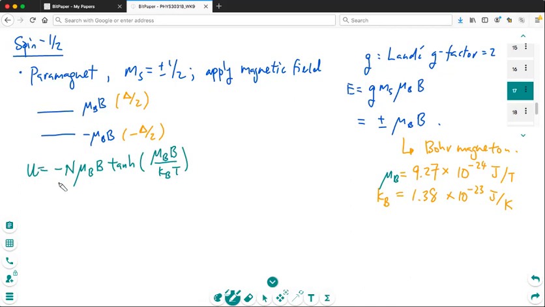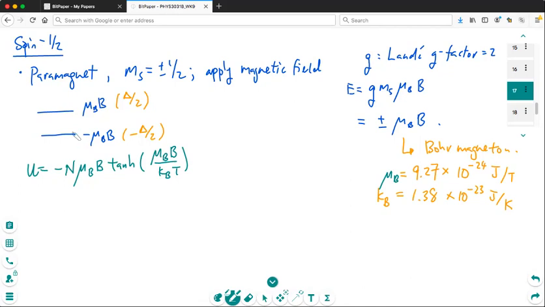If we go back to the very, very beginning, we count how many particles are occupying a particular energy. We do this accounting, which I'm always saying. For this to work, you need to apply a little bit of magnetic field. When there's no magnetic field, you cannot lift the degeneracy. It will be twofold degenerate. You apply a bit of magnetic field and you have this behavior.